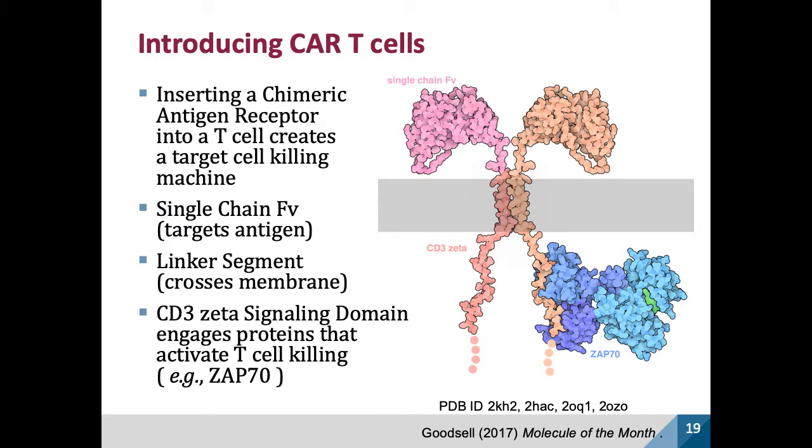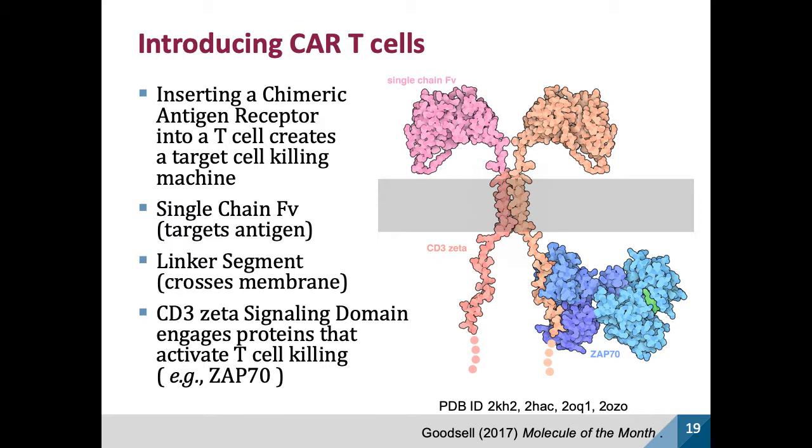This particular model of the chimera was a consequence of assembling parts of 4 different structures from the PDB in postulating what this particular chimeric antigen receptor would look like in the cell interacting with ZAP70.